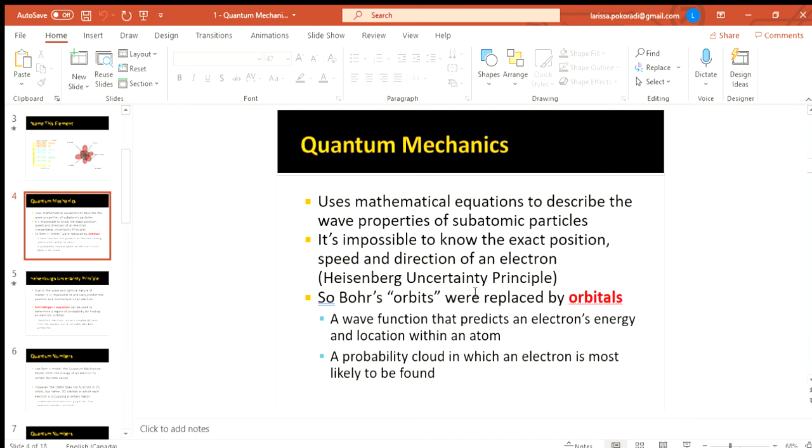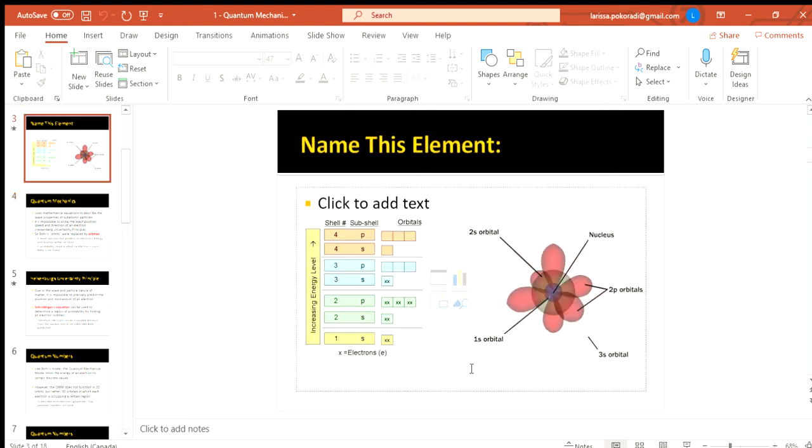Instead, we're going to say, okay, we don't know exactly where, but we kind of know where-ish it might be, and where it might most likely be found, in something called a probability cloud. If we were to back up, these are those clouds that I'm talking about.